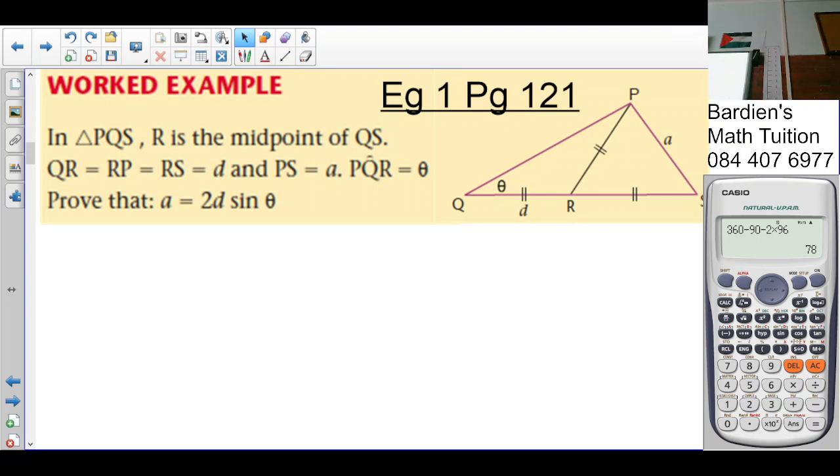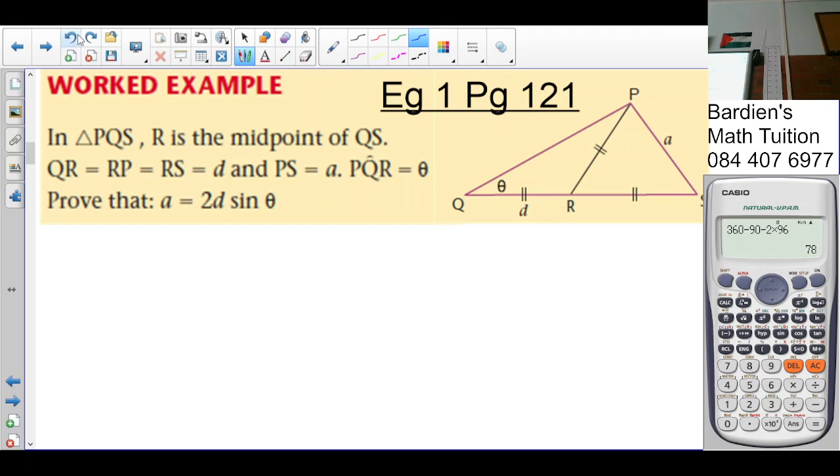If R is the midpoint, as you can see here, then that length is equal to that length. It's already marked on the diagram as well. Then we are told that QR is equal to RP, which is equal to RS, which is equal to d. So all of those are d's there. Then PS is a. Then we are told that angle PQR is theta. The question says you must prove that a is equal to 2d sine theta. Okay?